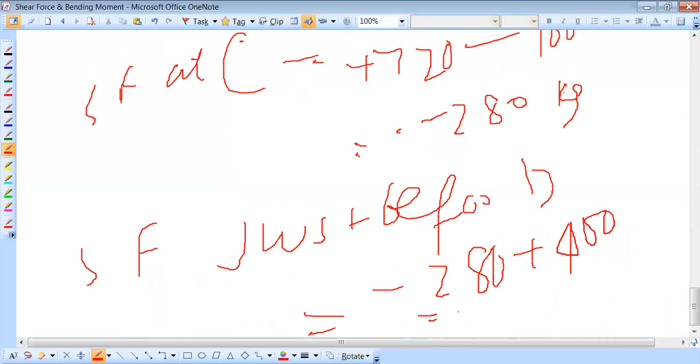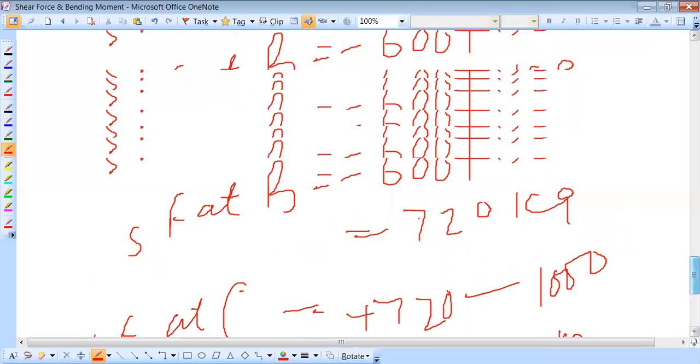Then plus 400 minus 280 is equal to how much? 120. So 120 is the SF just before D.